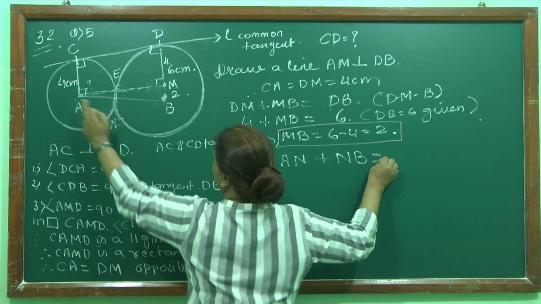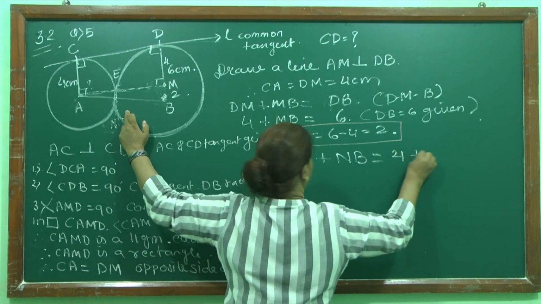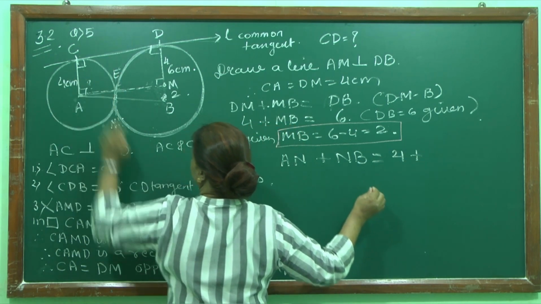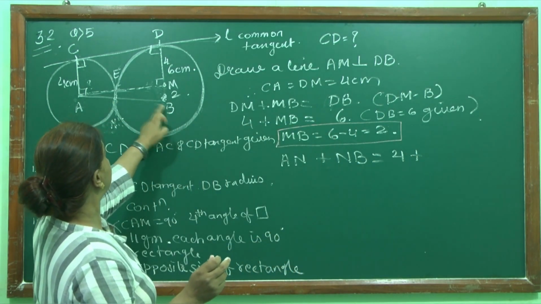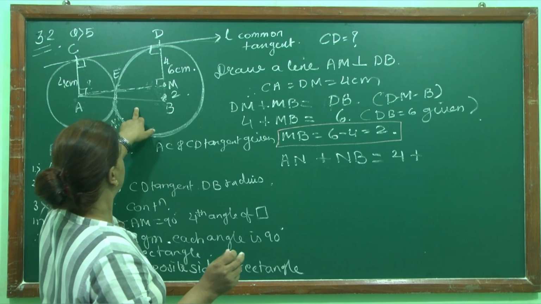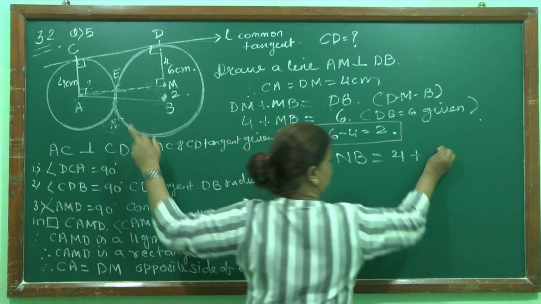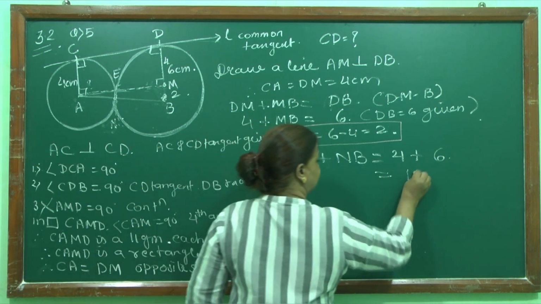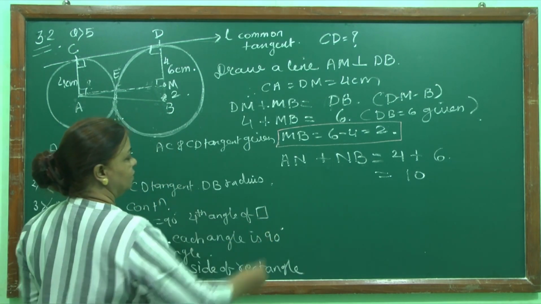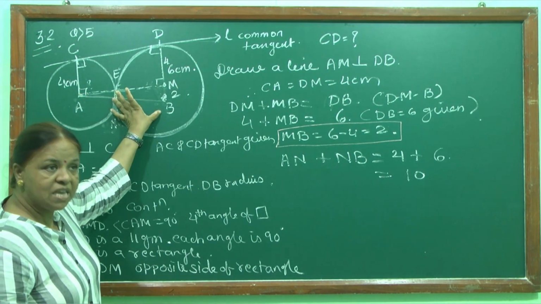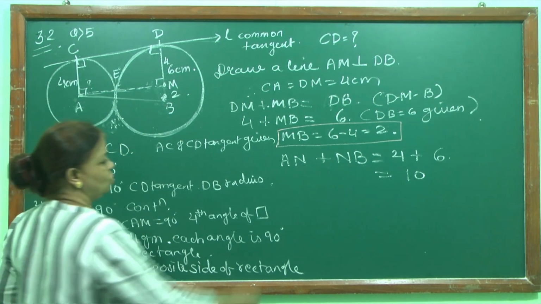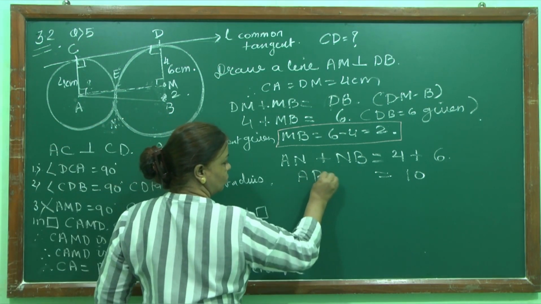AN is equal to 4 centimeter because it is the radius of this circle, and NB is equal to 6 centimeter, the radius of the bigger circle. So we get 10. That is AB. AN plus NB is equal to AB. So I can write here AB is equal to 10.